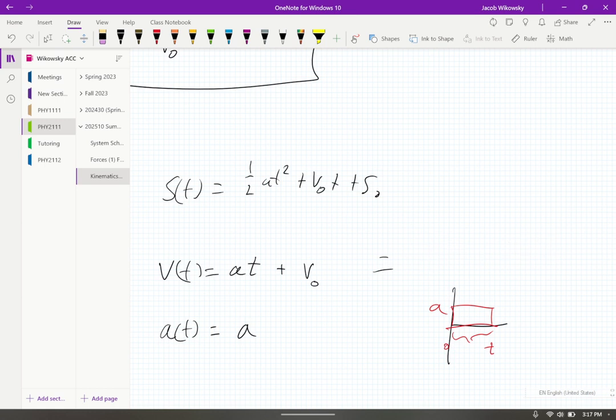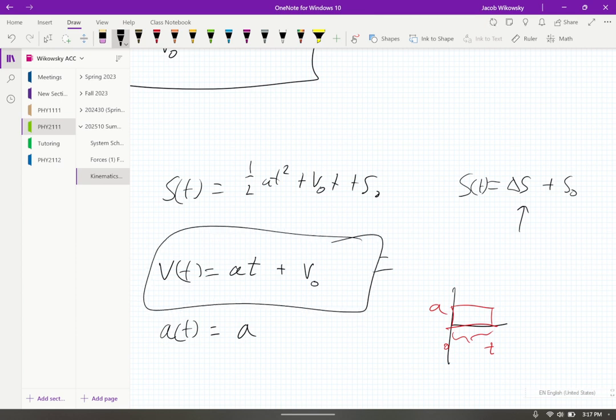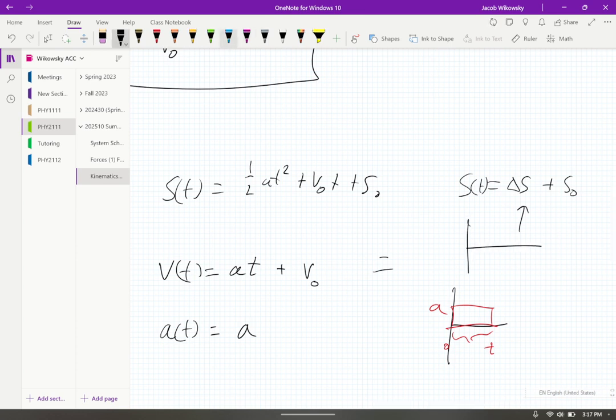And you can do the same thing when you say, well, s of t has to equal initial position plus a delta s, but delta s is just the area under the curve of this thing. Well, then when you draw that out, you get that initial velocity drawn generically as some positive number, and you do this area of the rectangle plus this area of the triangle, you stir the alphabet soup, it becomes this. It didn't just come from nowhere.